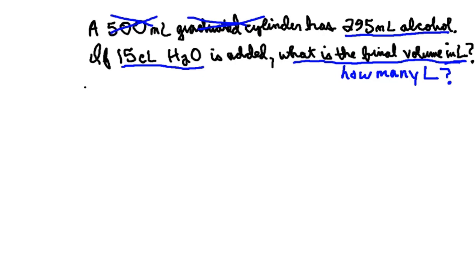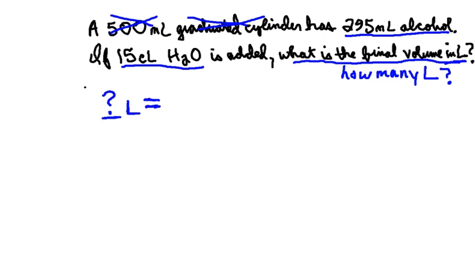So how many liters? We're going to rewrite this how many liters, and we're going to put a question mark for how many because we don't know, and then we're going to put liters. So question mark liters equals, and what is it going to equal?